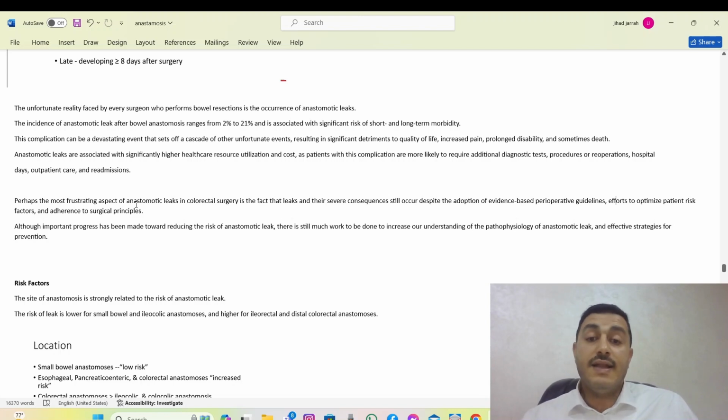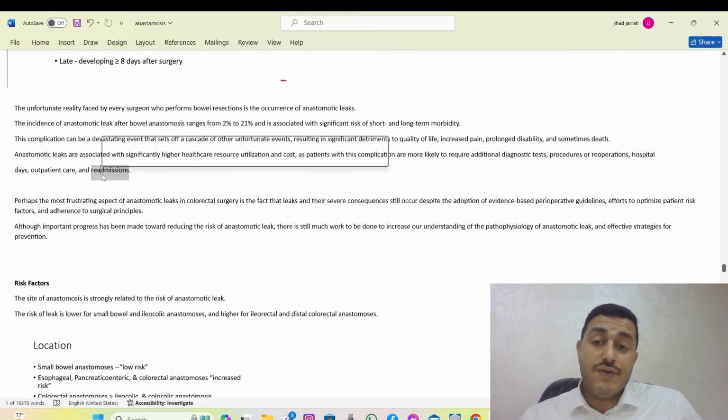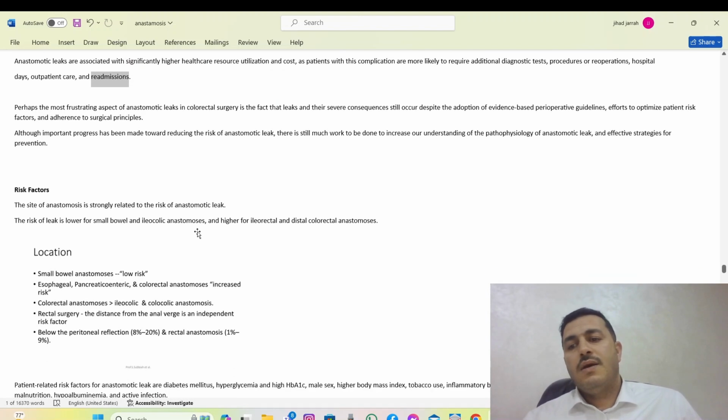And leak finally will reflect on the cost financially, on the additional diagnostic tests required, on the hospital length of stay, morbidity, mortality of the patient, and the need for readmission.